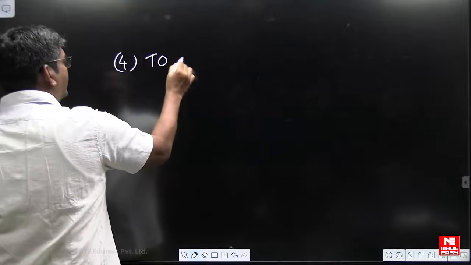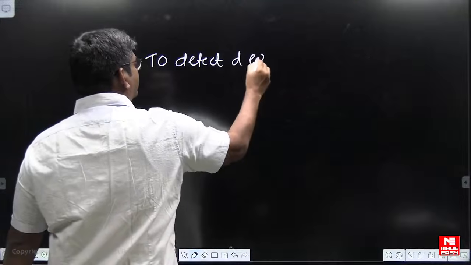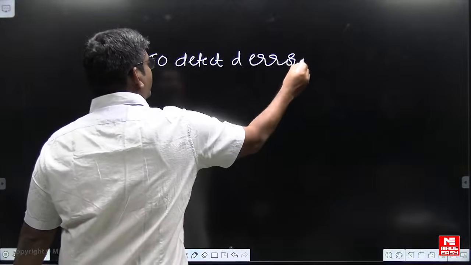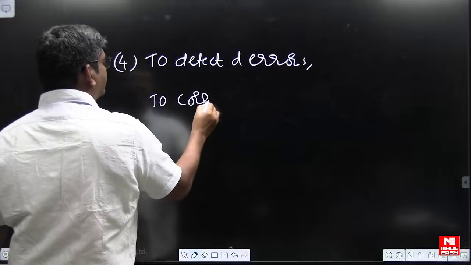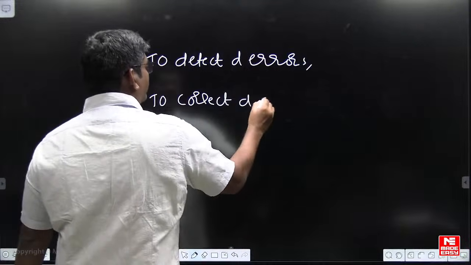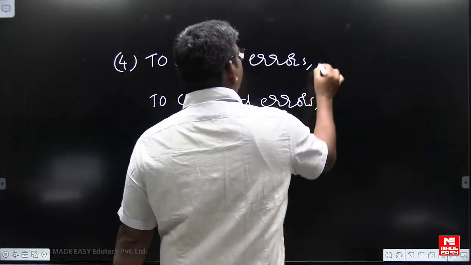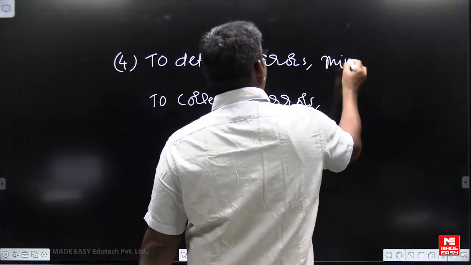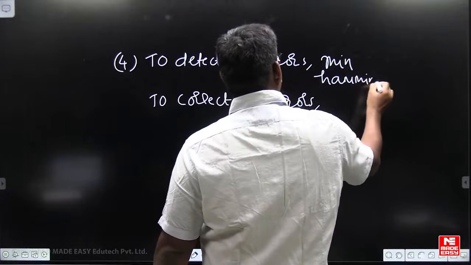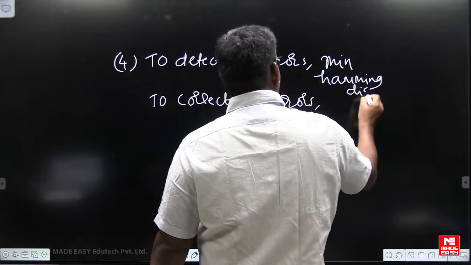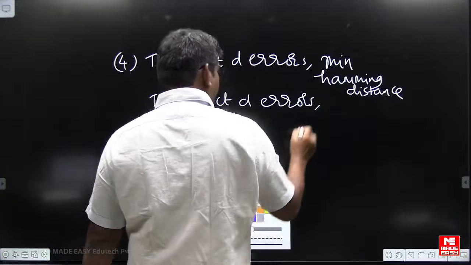This condition you just find. To detect D errors, and to correct D errors, please find out the minimum Hamming distance. Here also find out the minimum Hamming distance.